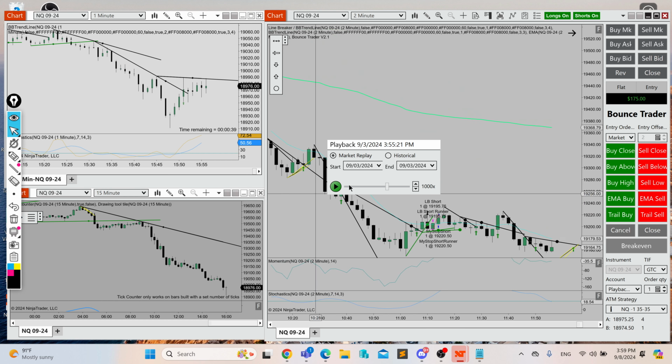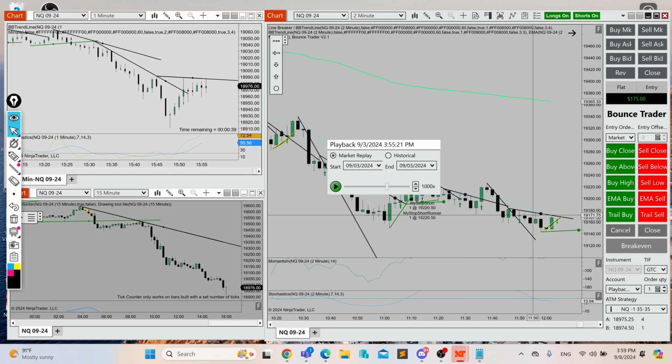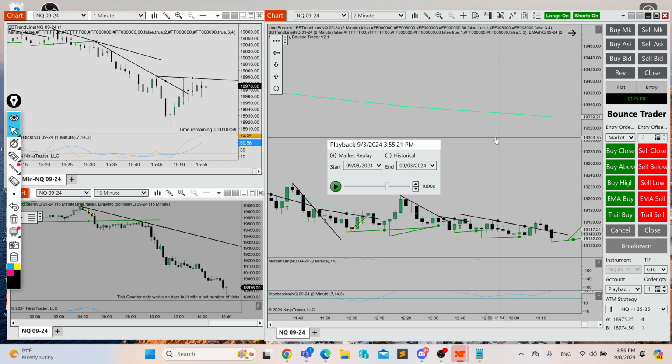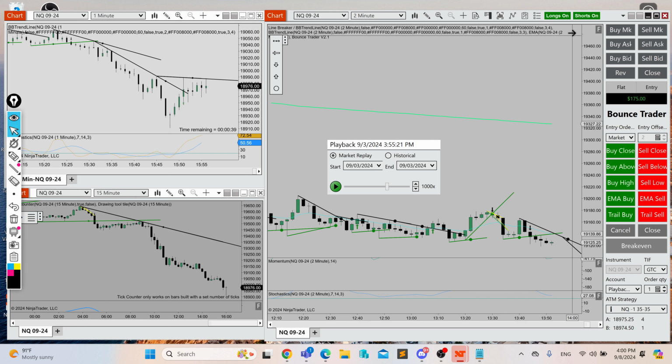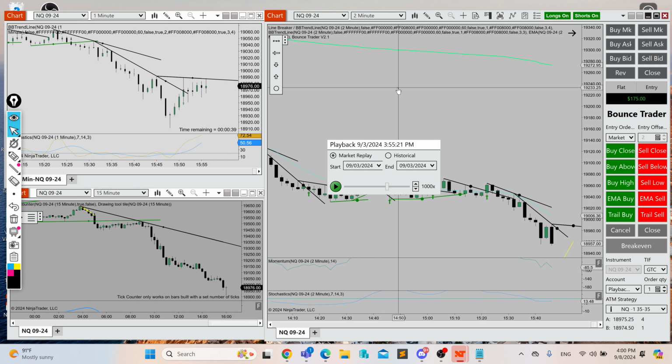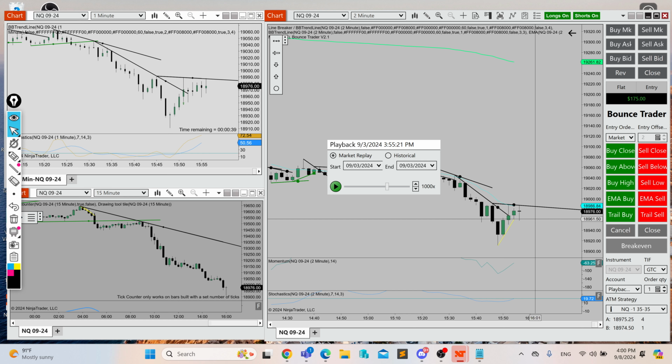Let me just see where we are. So basically there's one button, maybe 2 buttons that I use that helps me to trade bull flags, but mostly it's this buy high and sell low.